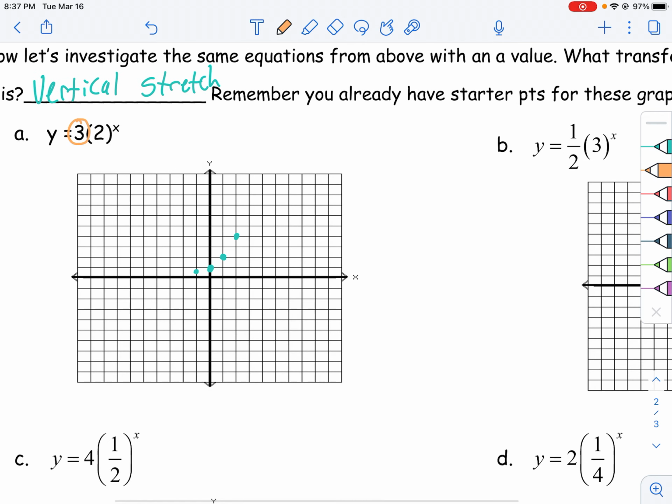This a value is saying take all of those y values and multiply them by 3. So 1/2 becomes 3/2. 1 becomes 3. 2 becomes 6. And then this 4 becomes 12, so 1, 2 above 10. So then this graph is going to look like this.